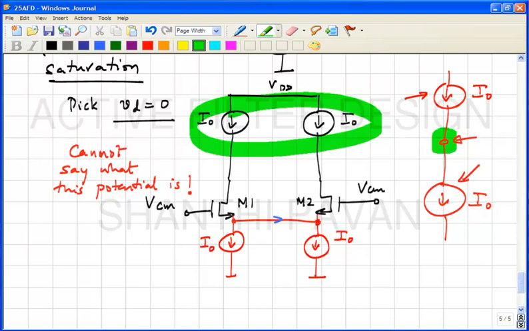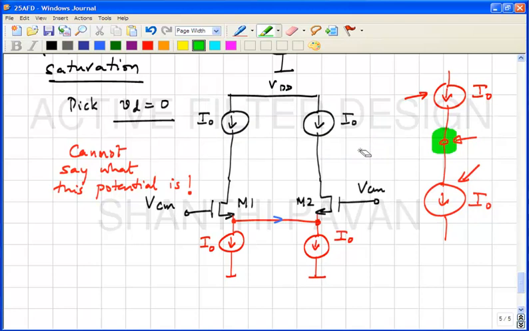So why is the problem there? We know now we have a problem. Because you cannot determine the voltage across the current source. Yes.